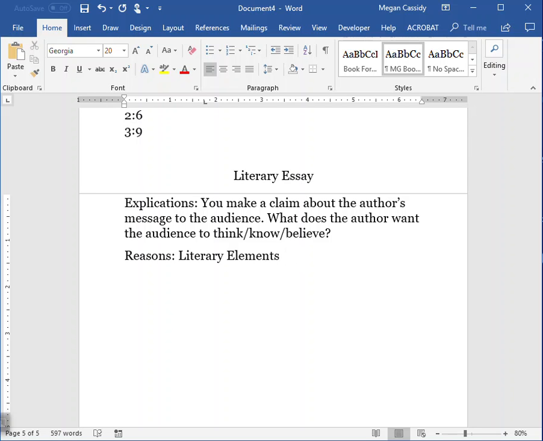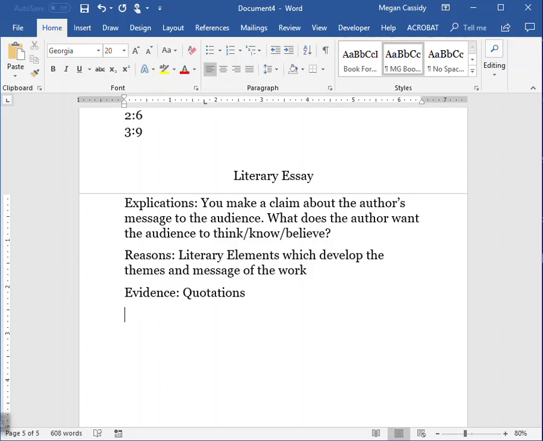So the literary elements develop the themes and message of the work. And then your evidence is going to again be quotations that you will then analyze.